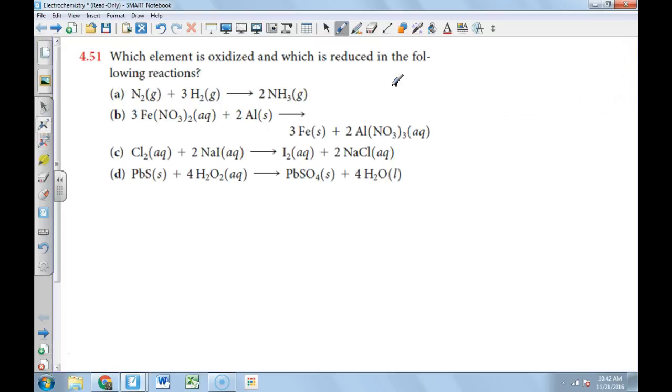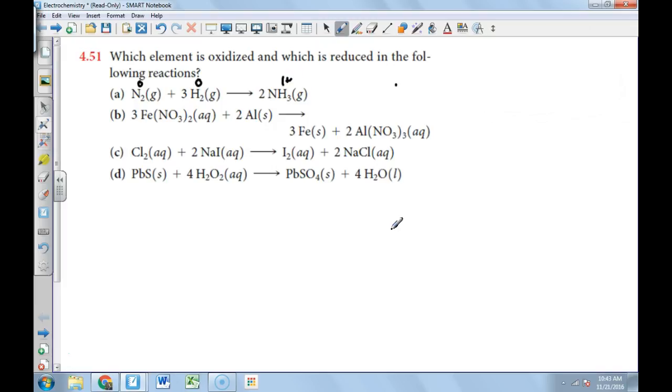Okay, so let's look at question A. It says, which of the following is oxidized and which of the following is reduced? So this is the rules of determining what the oxidation states are. Remember, for elements, the oxidation states are 0. For compounds, hydrogen is typically 1+.